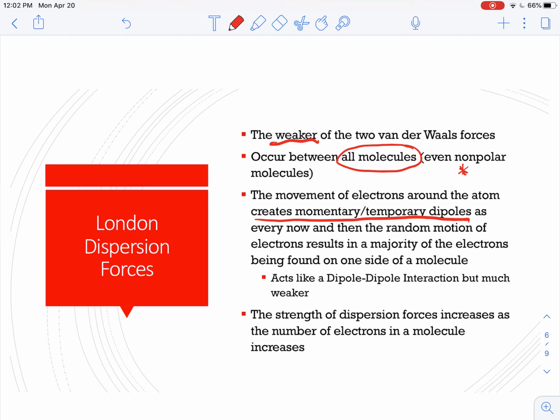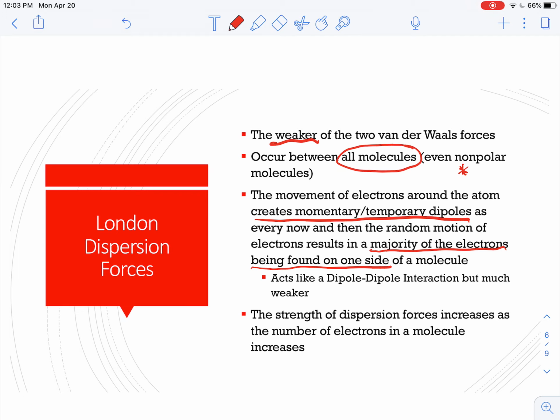So what happens is as these electrons move around the atom, at some point through this random motion, a majority of our electrons are all going to collect on one side of a molecule. So we're creating this momentary or temporary dipole. For a split second, most electrons are on one side, giving that side an overall negative charge.